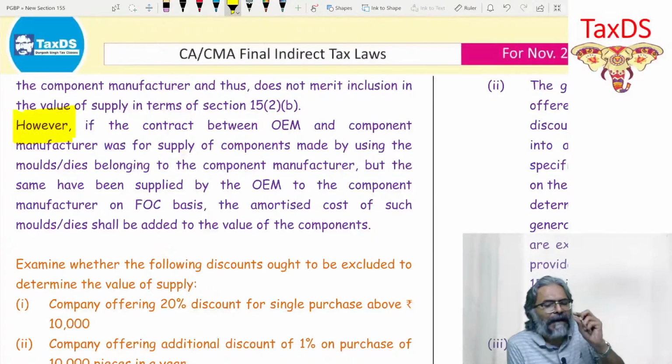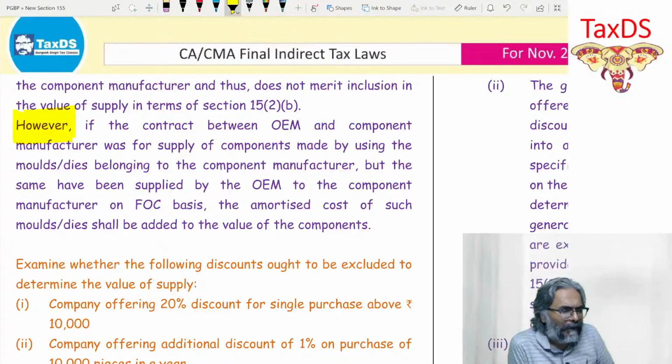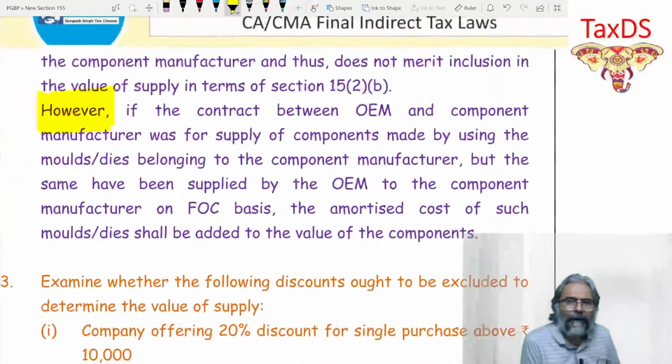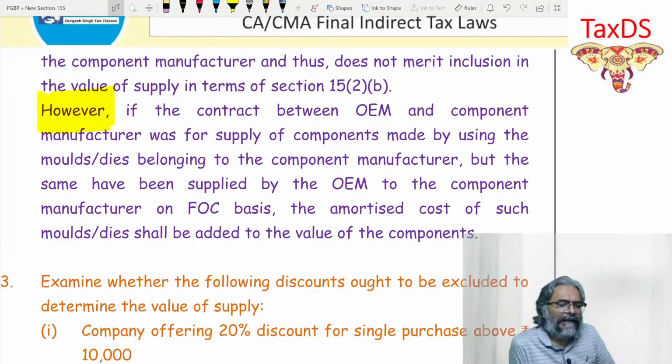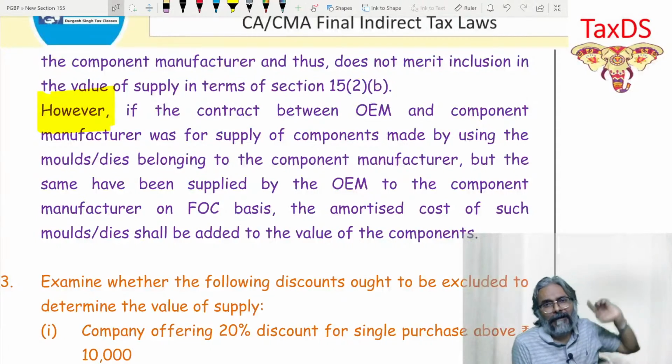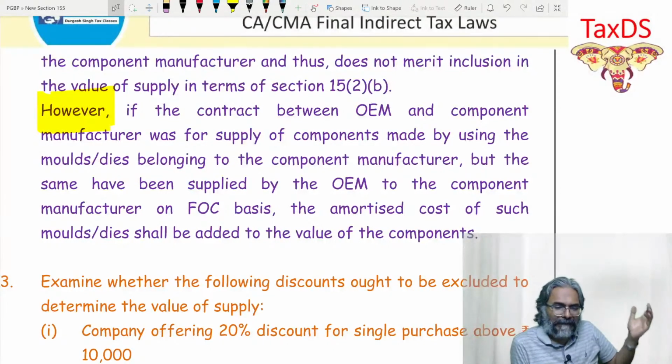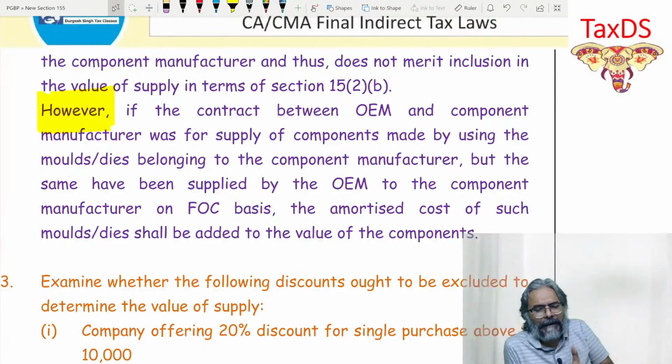However, if the contract between OEM and the component manufacturer was for supply of components made by using the molds or dies belonging to the component manufacturer, but the same have been supplied by the OEM to the component manufacturer.